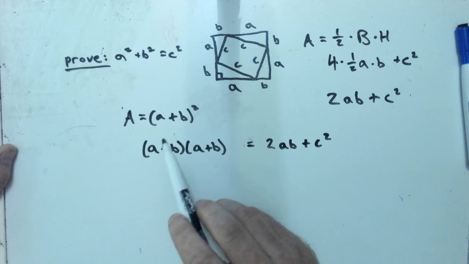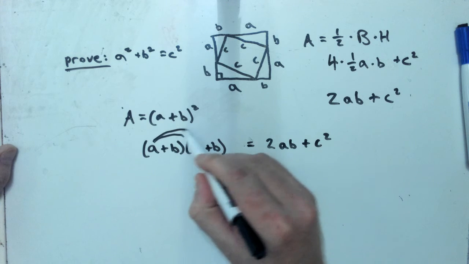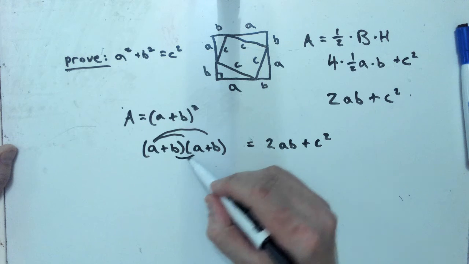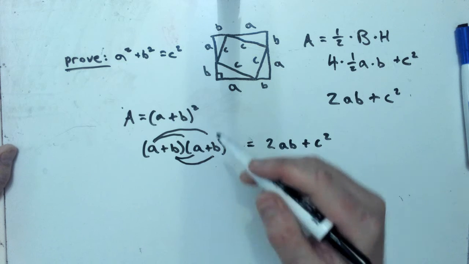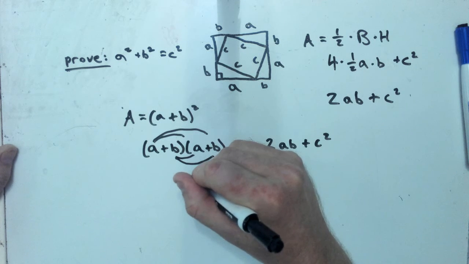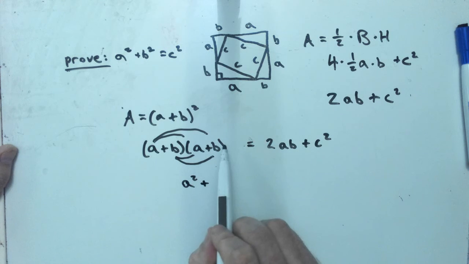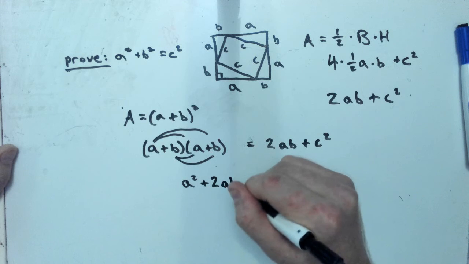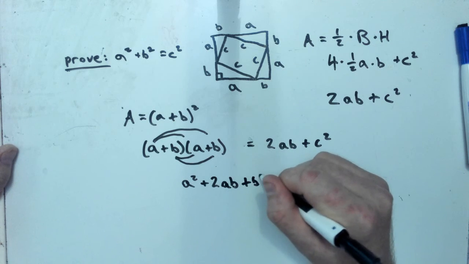Now what happens when I do this distribution here? I end up with A times A, A times B, B times A, and B times B. Or I end up with A squared plus, here's 1AB, here's 2AB, and I have B squared as well.